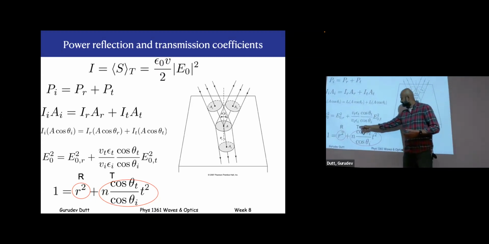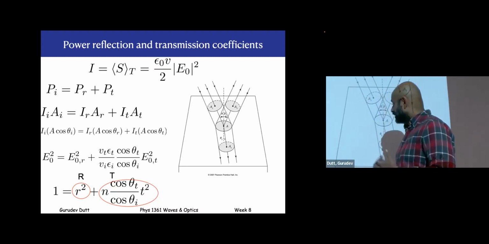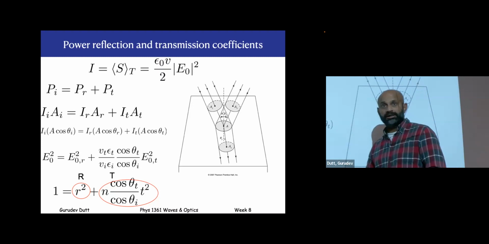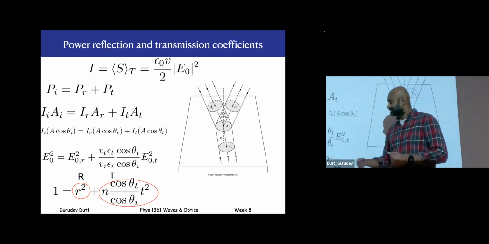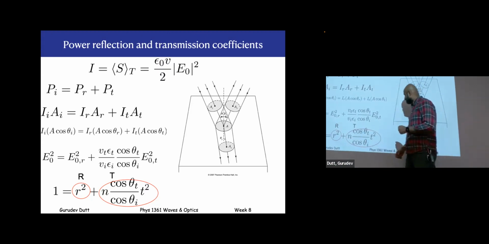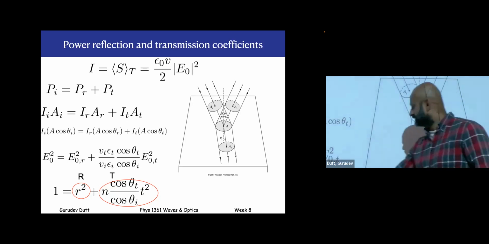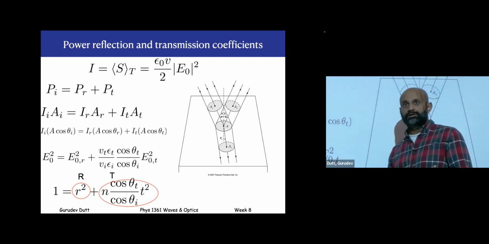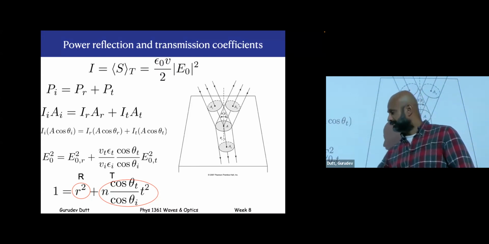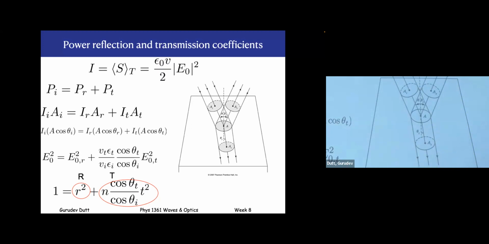But the transmittance, meaning the part that's transmitted through the medium, is not necessarily simply small t squared, where t is the Fresnel transmission coefficient. We have to now multiply by this factor, which is n times cosine theta t by cosine theta I. For normal incidence, we can even take theta t and theta I to be almost equal to each other, but then we still have the refractive index n, which is multiplying this coefficient for the transmission.